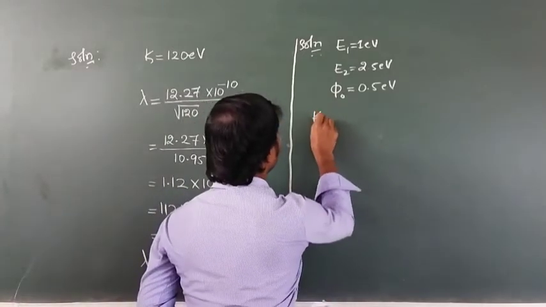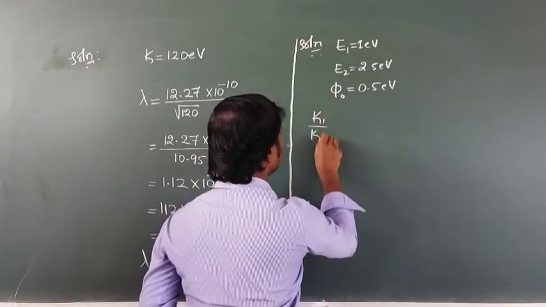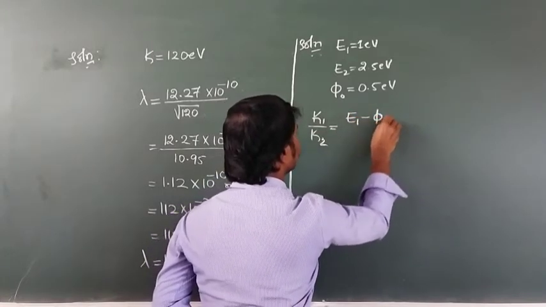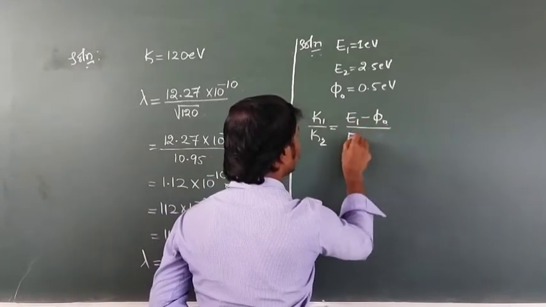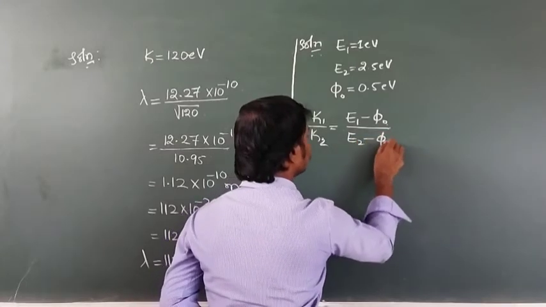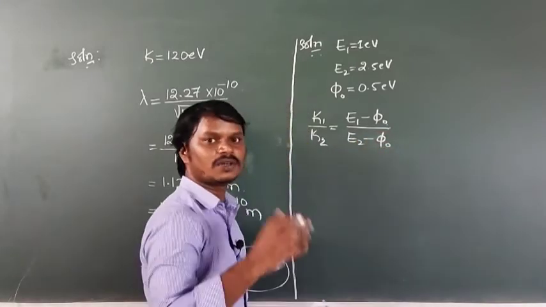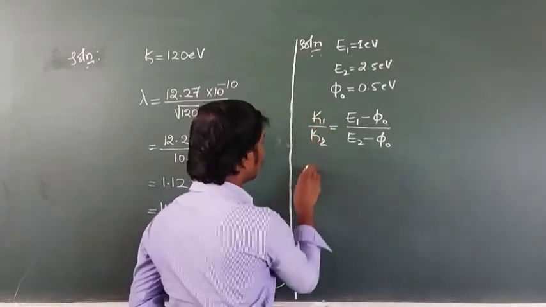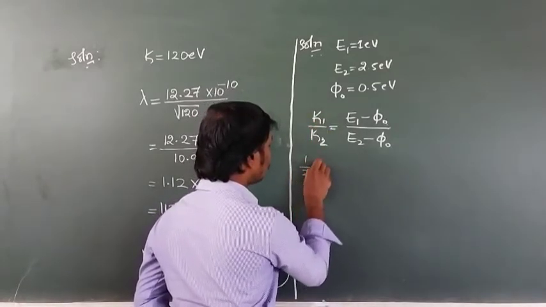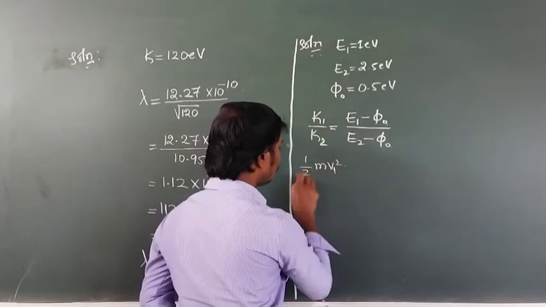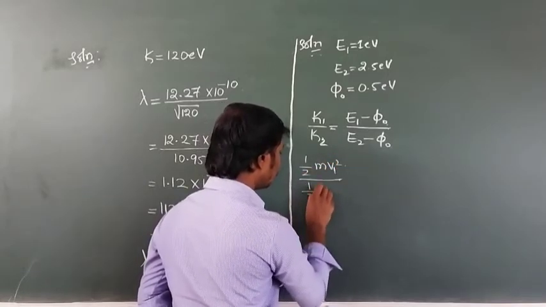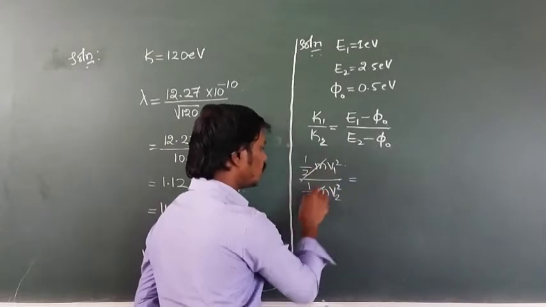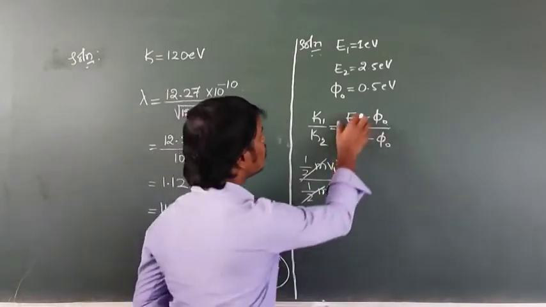Now K1 by K2 is equal to E1 minus phi naught divided by E2 minus phi naught, because the metallic surface is the same, so the work function remains the same. Let us substitute the values. K1 is 1 by 2 m V1 square divided by 1 by 2 m V2 square. Then 1 by 2 m gets cancelled.